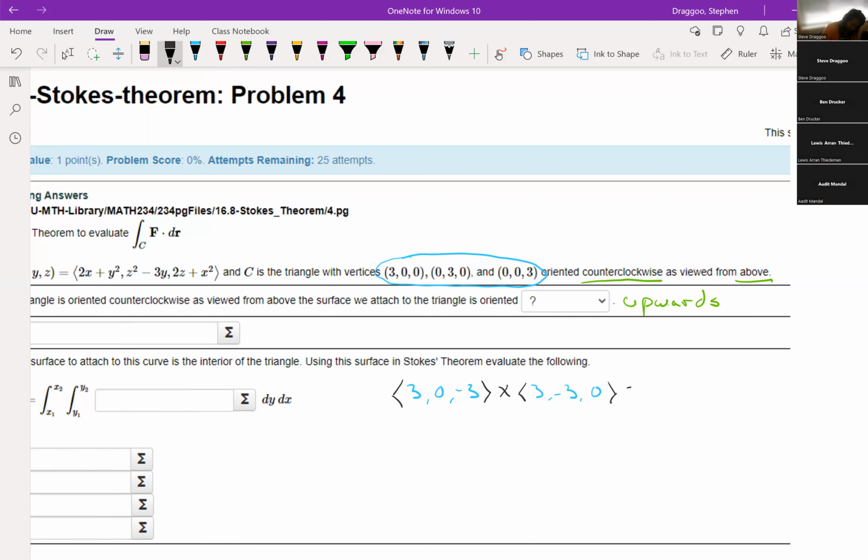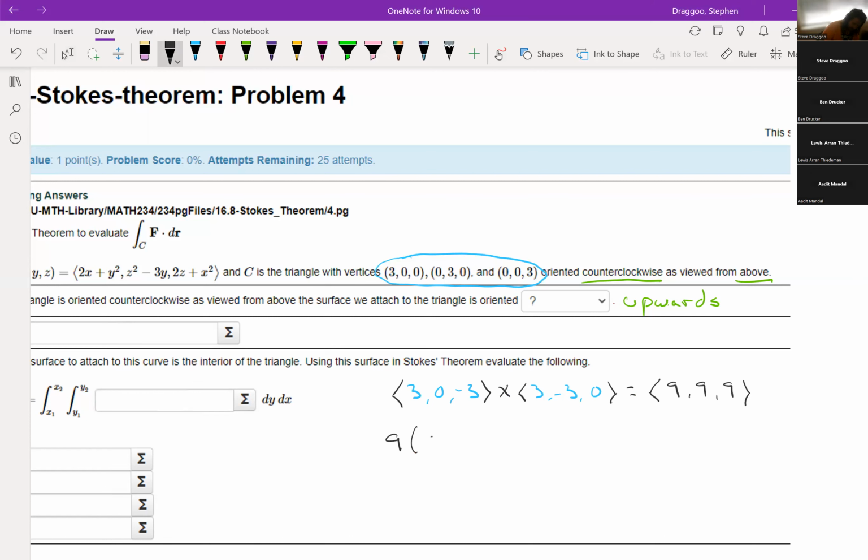Take a cross product here. You should hopefully get 9, 9, 9. Yeah, that's what I get when I do my cross product here. Then set up the equation of a plane based on our normal vector.